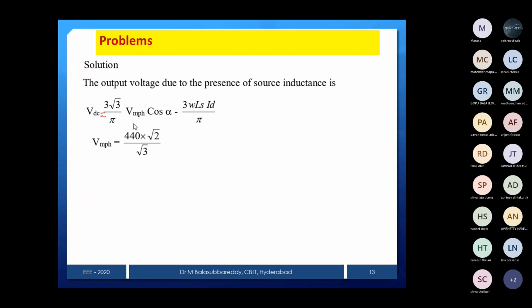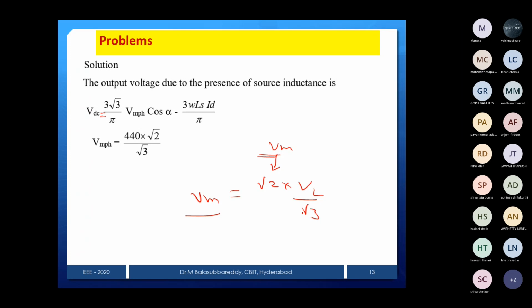Now substitute the values. Vm is root 2 into line voltage by root 3. This is the Vm per phase. Always in all the 3-phase problems, wherever you want Vm, if the problem gives the line voltage, then automatically Vm is root 2 into VL by root 3.